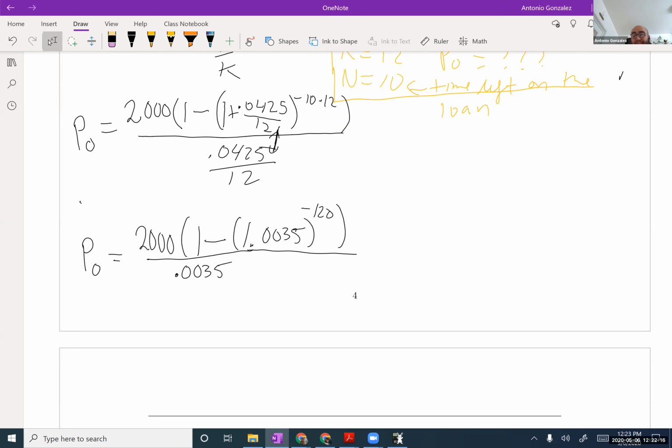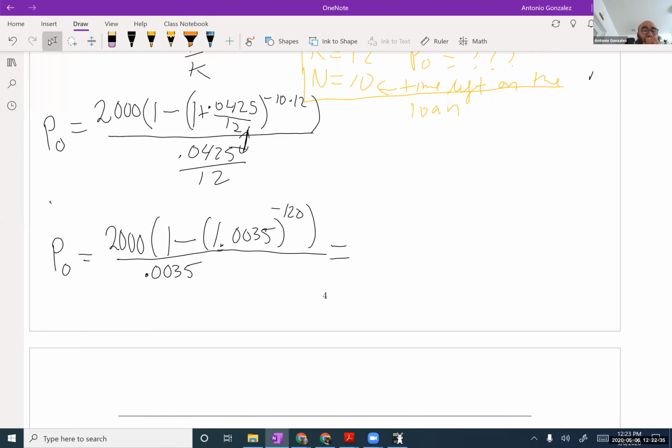Okay, now the next step, again one step at a time. We could put this all in the calculator, but a lot of times it gets confusing trying to keep track of all my parentheses. So let's work through one step at a time. The next thing I'm going to do is work inside the parentheses and figure out what 1 minus 1.0035 raised to the negative 120 is.